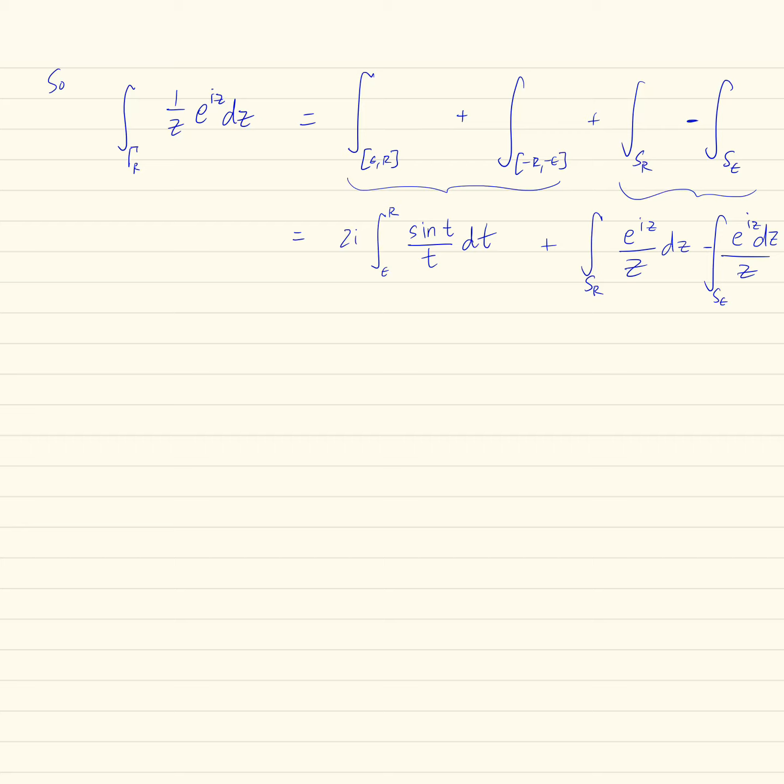All of that is equal to this integral over gamma sub r, our big contour, of e to the iz over z dz.